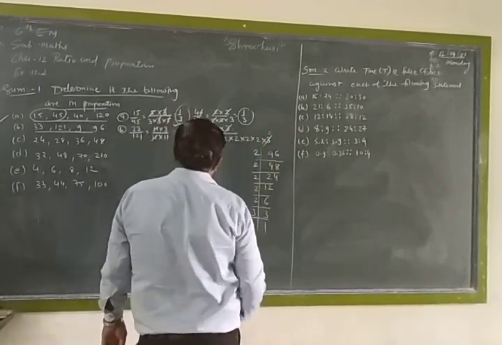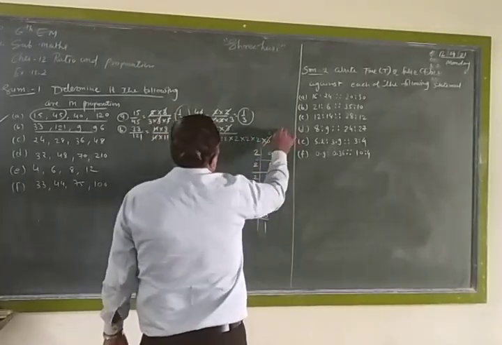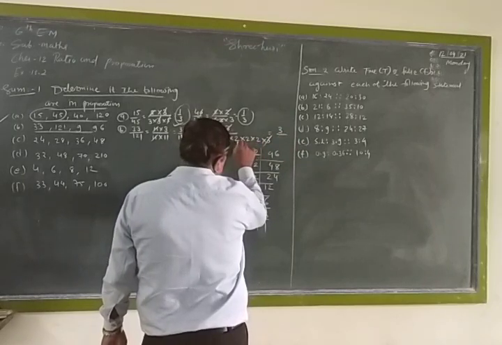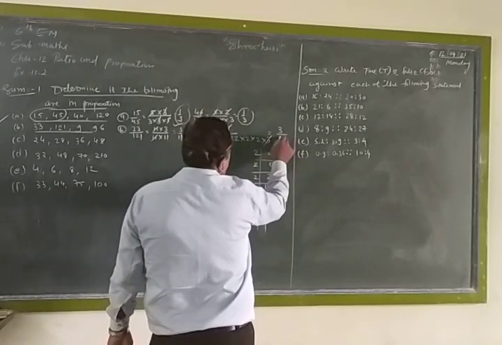The 3 cuts. The answer is 3 upon 2 times 2 is 4, times 2 is 8, times 2 is 16, times 2 is 32.